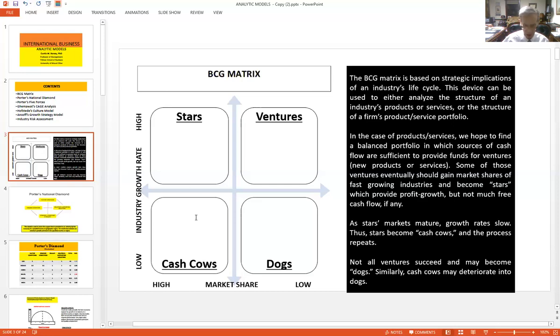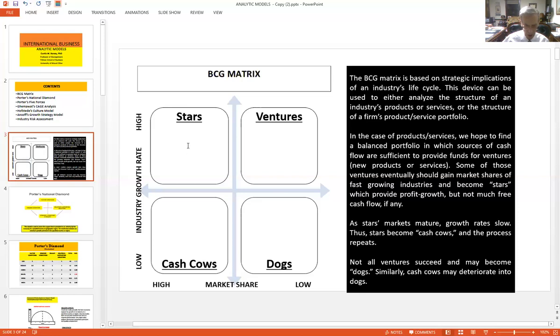And one way to invest that cash flow, of course, is up here in the stars, because they're growing faster than these companies, but as they grow faster, they need to invest in working capital. They need to invest perhaps in new capacity and product development.